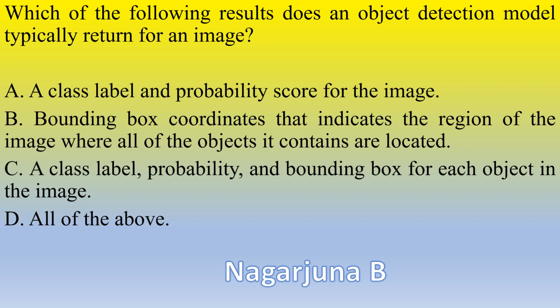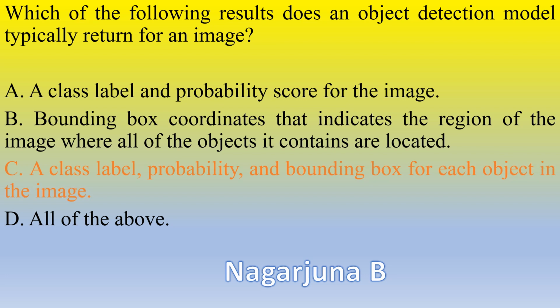Option C, a class label, probability and bounding box for each object in the image. Option D, all of the above. The right answer is option C. A class label, probability and bounding box for each object in the image will result from an object detection model typically.